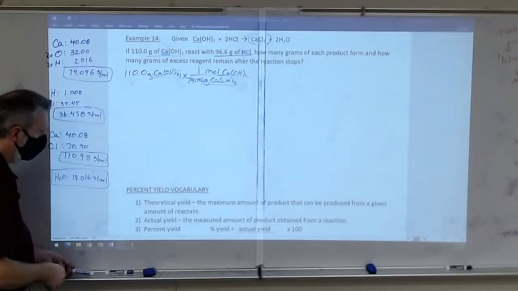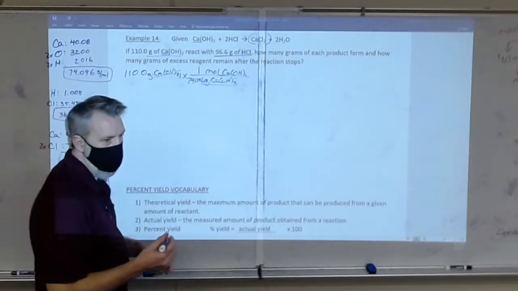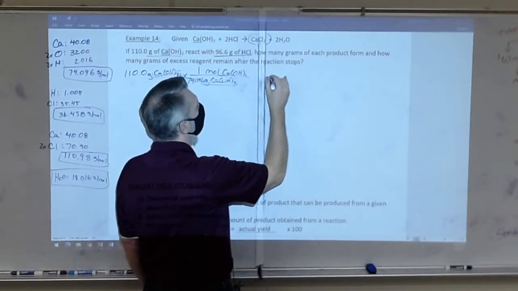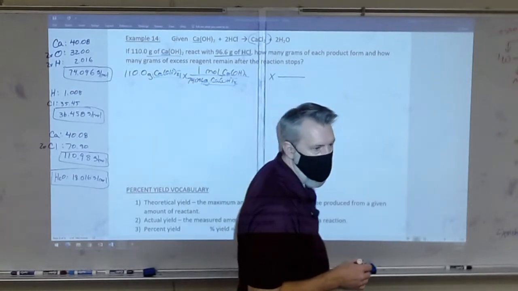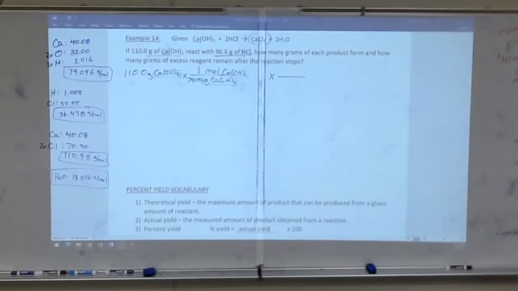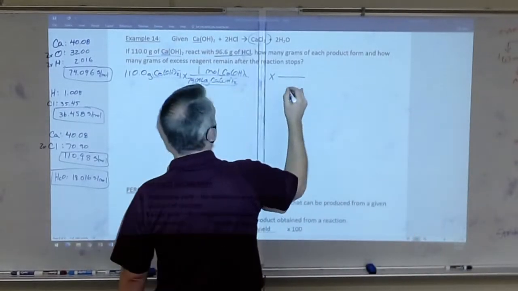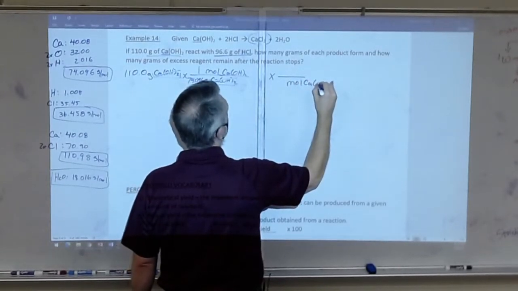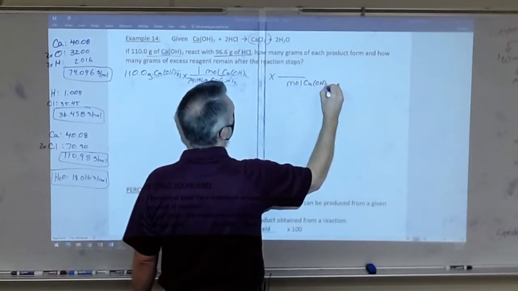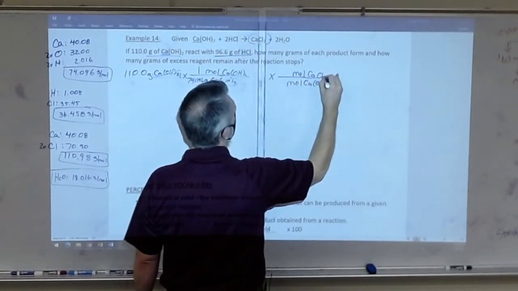Now I need to convert moles of calcium hydroxide into moles of one of the products. We'll pick calcium chloride. So moles of Ca(OH)2 and moles of CaCl2.